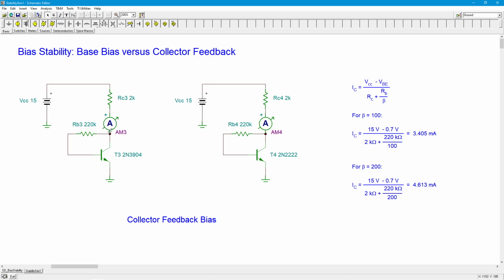Now, VCE is comprised of two things: the base emitter drop, which we know is locked at about 0.7, and the drop across the base resistor. So basically, as VCE drives down, there is less voltage across RB. That means the base current is smaller.